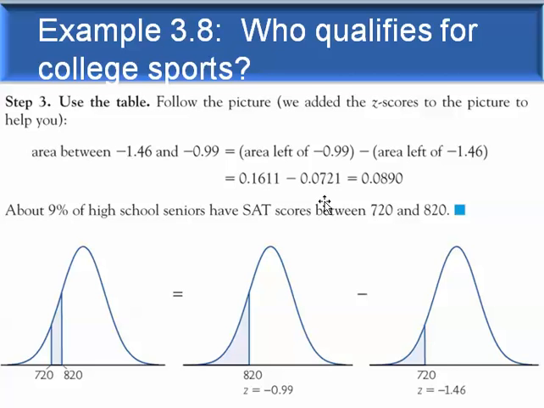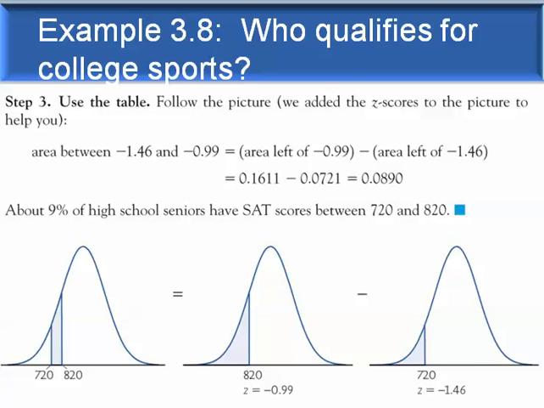To the left of negative 1.46 is 0.0721. When we subtract those two numbers, we get 0.0890. As we look at this diagram, taking this whole area to the left of 820 and subtracting the area to the left of 720 gives us this piece in the middle.